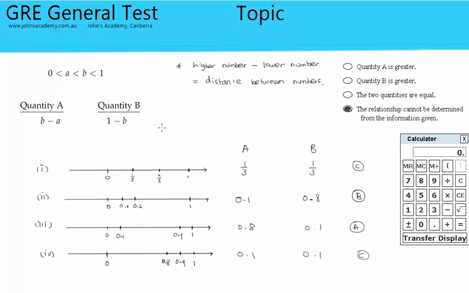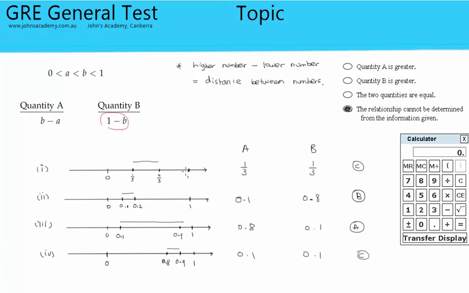Alright, so if you do B minus A, you see B is greater than A, so that's just the distance between B and A. So that corresponds to that bit there, the length of that. 1 minus B, you know that B is less than 1, so 1 minus B is the distance from 1 to B. So that corresponds, I'm going to change color.